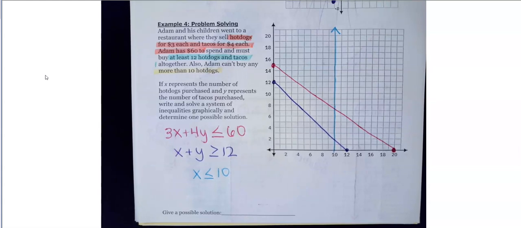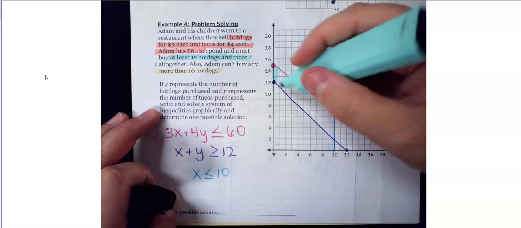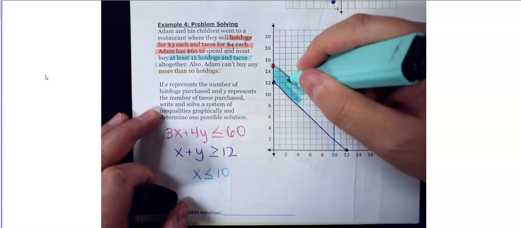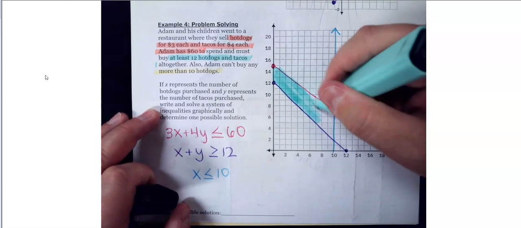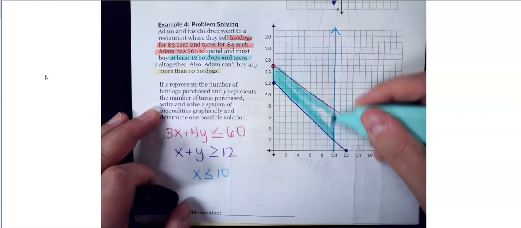So at this moment, I'm smaller than the pink line, greater than the purple line, and to the left of the blue line. So the overlap of combinations here would be in between here. Any of these points would represent a possible solution to the system here.